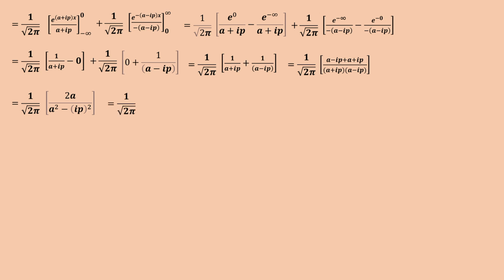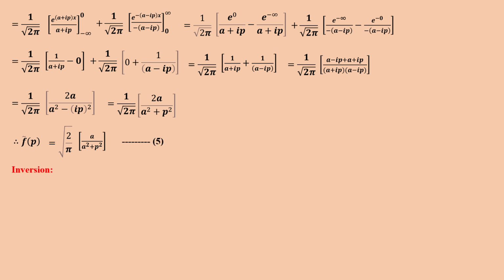So 1 by root 2 pi times 2a by (a square plus p square). Therefore f bar of p: the 2 in the numerator and root 2 in the denominator combine, so you will get root of 2 divided by pi times a by (a square plus p square). That is equation number 5.